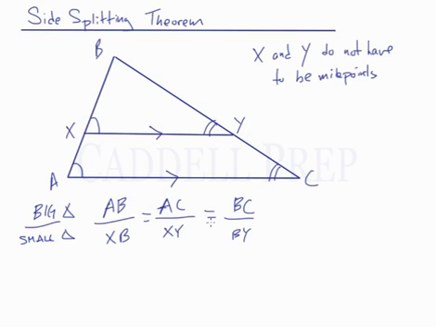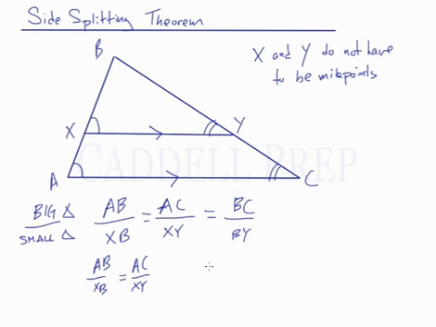So from this we can make a whole number of proportions. For example, we could just take any two, such as these two, and make a proportion we could solve, such as AB over XB equals AC over XY. We could also select these two.